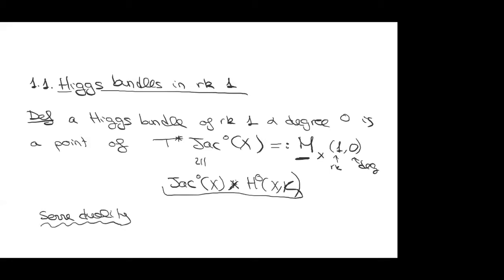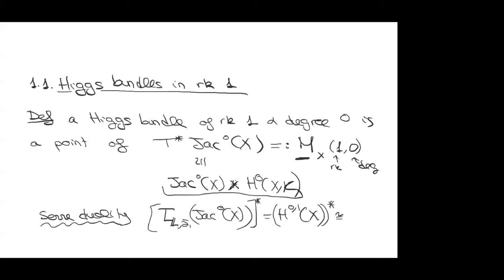The tangent space at a given line bundle on the Jacobian, by what we saw before, is just the vector space given by the universal cover. So if one dualizes to get the cotangent, this is just H0 of K, which is precisely holomorphic forms.